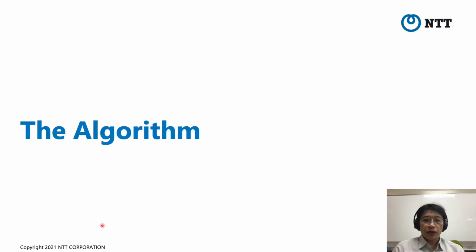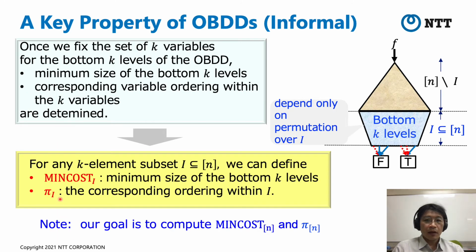Next, I will show you the idea of our algorithm. Roughly speaking, our algorithm is a kind of quantization of the algorithm given by Friedman and Supowit. So we start with their algorithm. Here's a key property of OBDDs, which is the starting point of the FS algorithm.